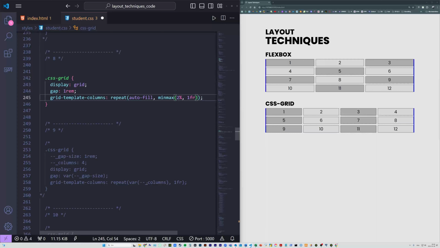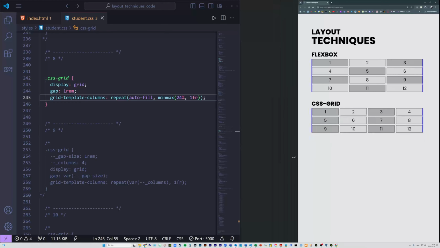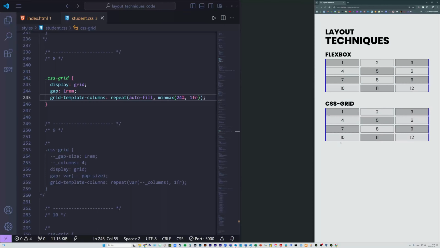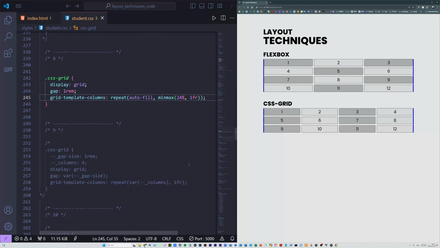Yeah, maybe 24%. Yeah, we could. 24% we could. And then suddenly it shifts, whenever 24% is too much in comparison to those grid gap sizes that are between. So now it's on 3, and then here you get to 4 again.